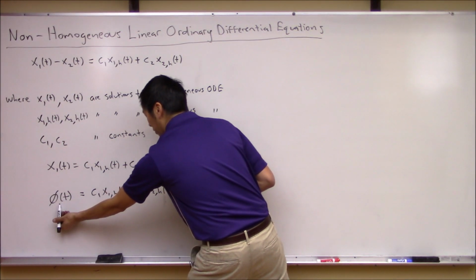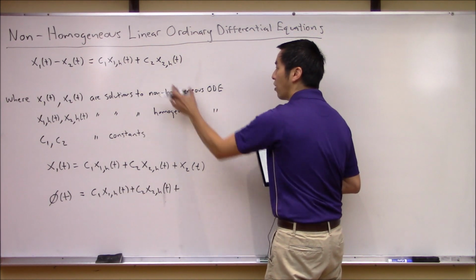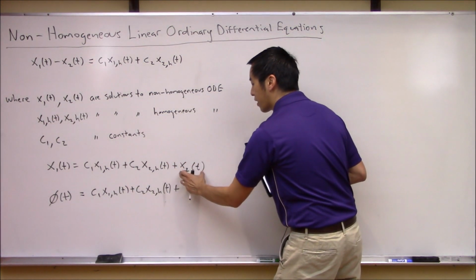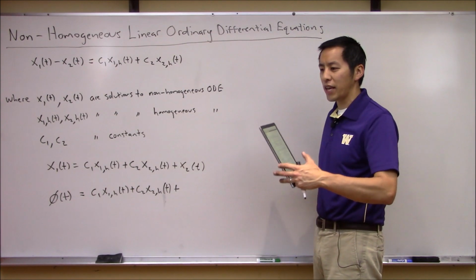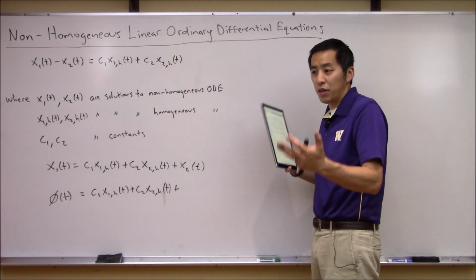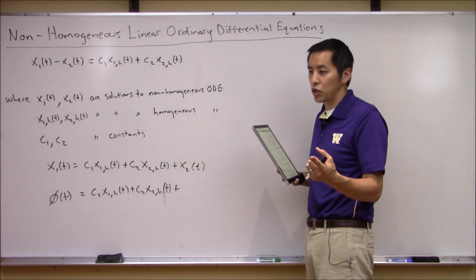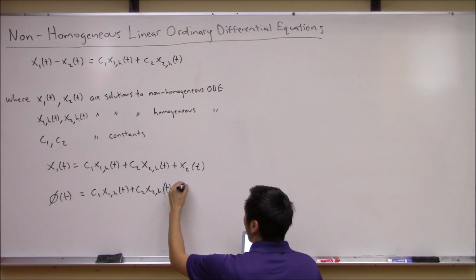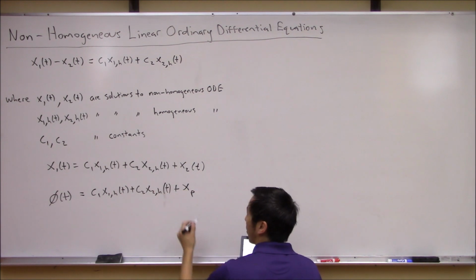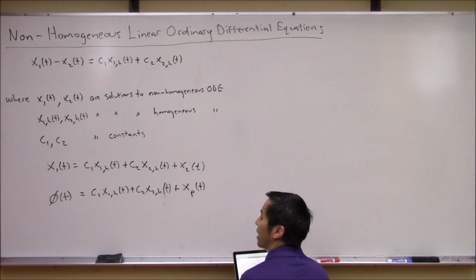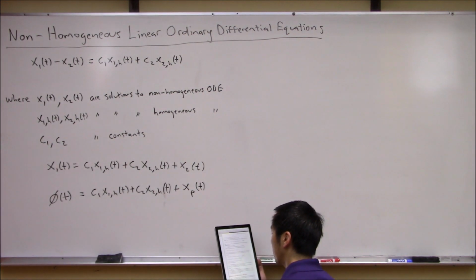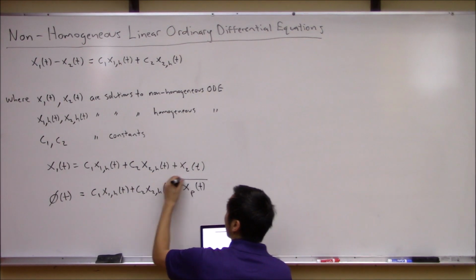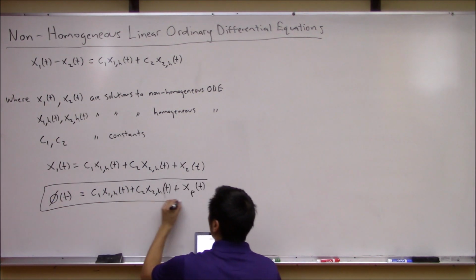This was the solution we're looking for, but now I need to add on some particular solution. It doesn't have to be the complete solution, it just has to be a solution. I'm just looking for one. So you can call this xp for x particular. You'll sometimes see that in textbooks. So this is our total solution.